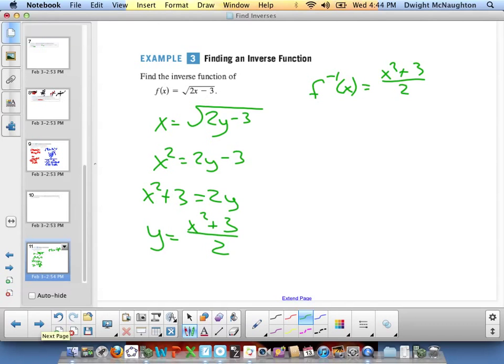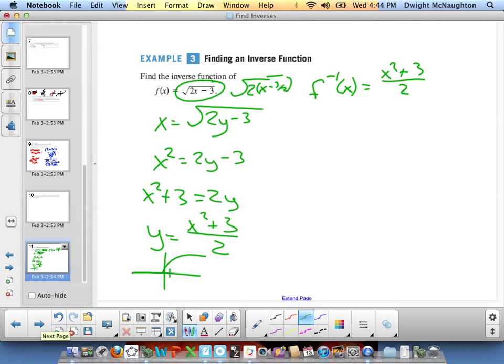However, remember that this is a parabola, so there's some restrictions. We need to look at the range here, and that becomes our domain here. So on this problem, the square root of 2x minus 3 ends up shifting because we subtract 3, and actually we subtract 3 halves with a stretch.